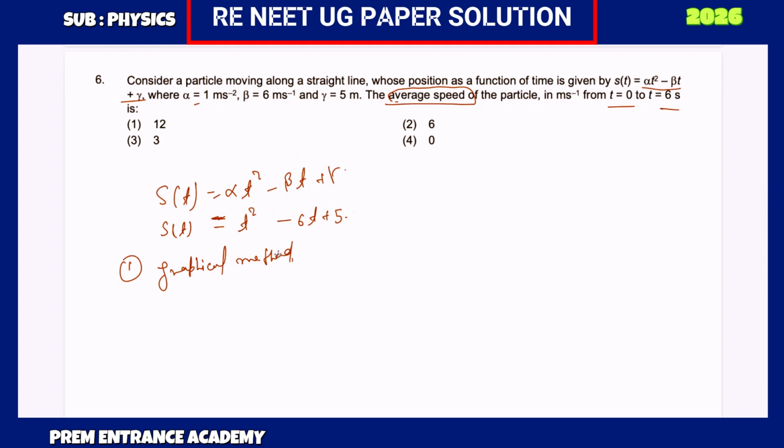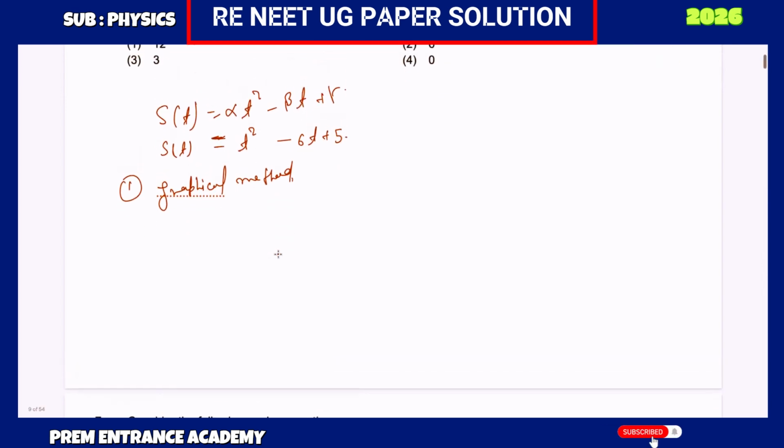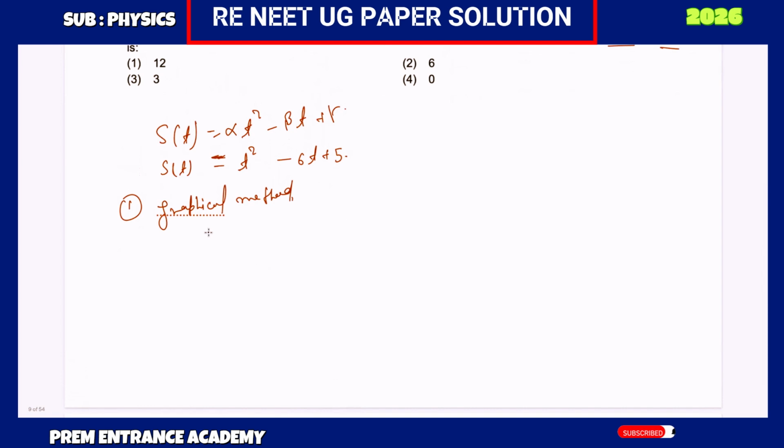In the graphical method, I'm plotting a graph for velocity versus time. So for velocity, I'm differentiating this. If S(t) is this much, then V(t) will be 2t − 6.